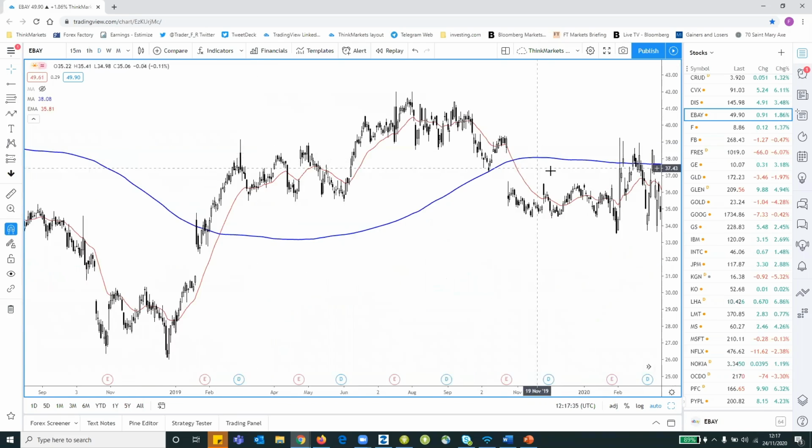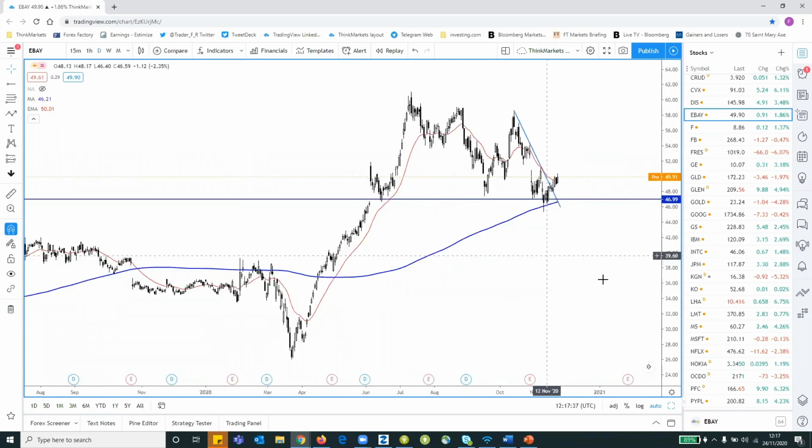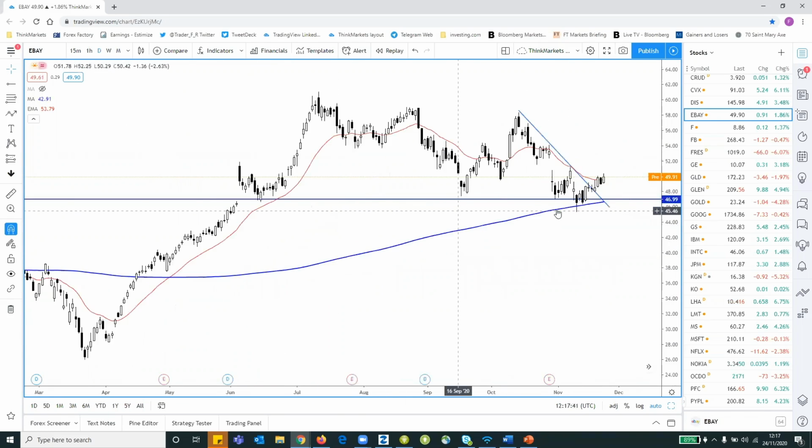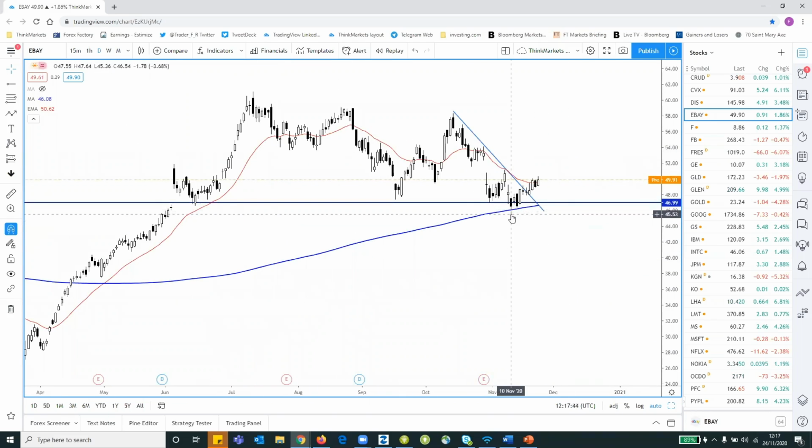If you go forward in time, you can see that this level has been tested a few times. Finally, we broke through it in early November. We claimed it and we held above the 200-day moving average. And now we've broken through this bearish trend line. So eBay is looking quite bullish from here, in my view, unless it goes below this level at 47.